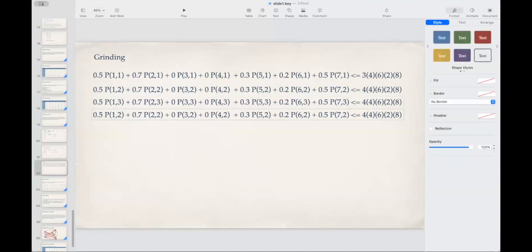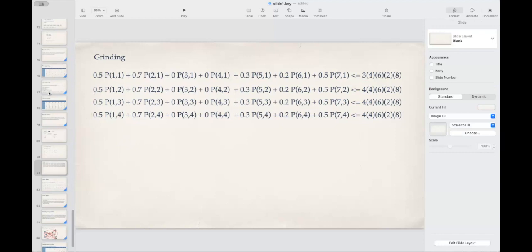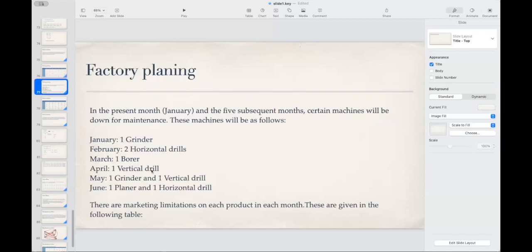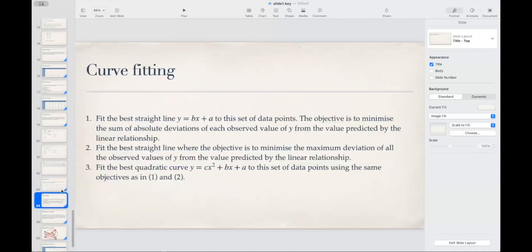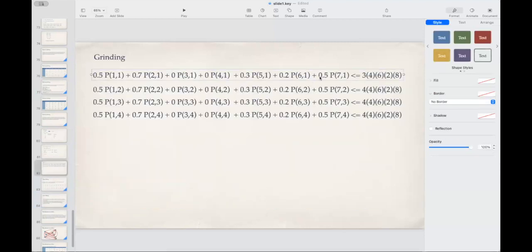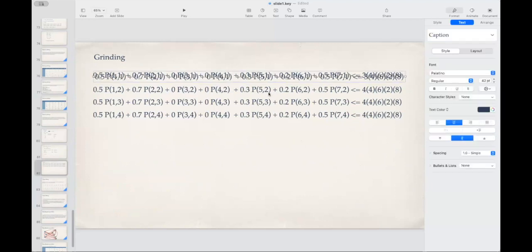This is 4. How many grider are down? Yeah, 1 grider is down, okay? So it should be like this, yeah. 3.